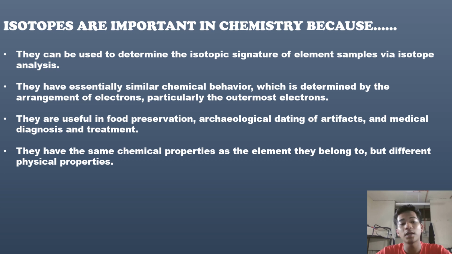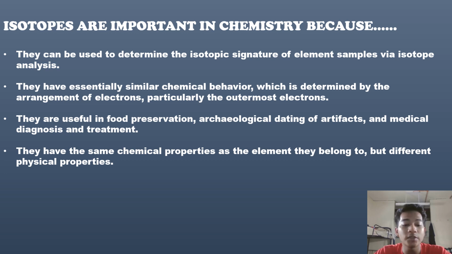After that, they can essentially simulate chemical behavior, which is determined by the arrangement of electrons, particularly the outermost electrons. Furthermore, they are useful in food preservation, archaeological dating of artifacts, and medical diagnosis and treatment.